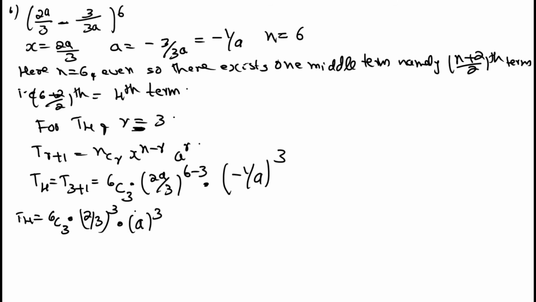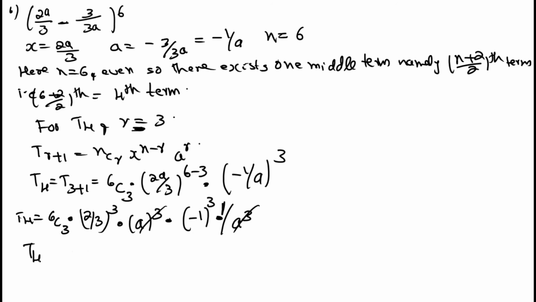(a by b) to the power n is there. You can write it as, I am taking 2 by 3 as one term, (2 by 3) to the power 3, into the remaining term, which is (minus 1) to the power 3 into a to the power 3, that is 1 by a to the power 3. Why 1 by? Because the denominator a is there, right? That's why into 1 by a cube. In the next step, a cube gets cancelled, numerator a cube and denominator a cube cancel.